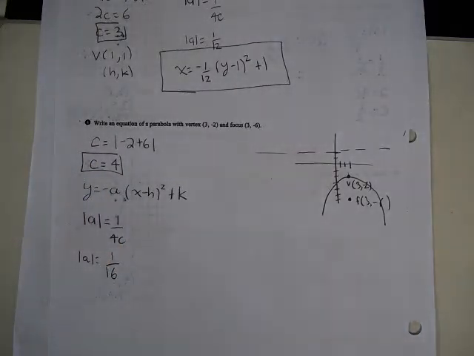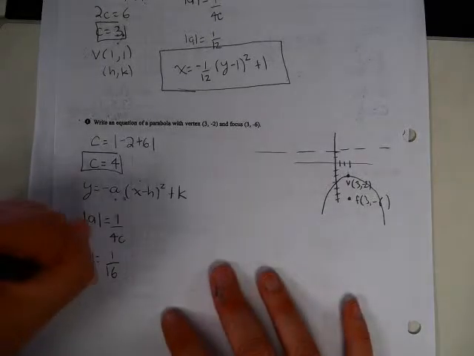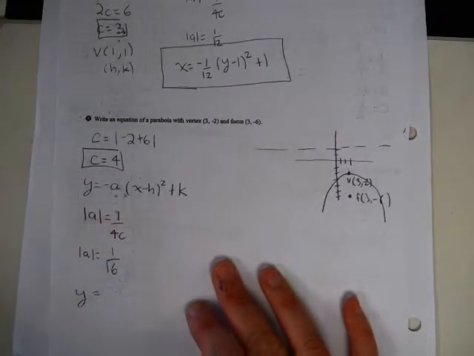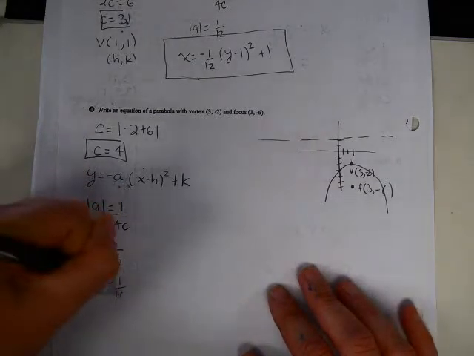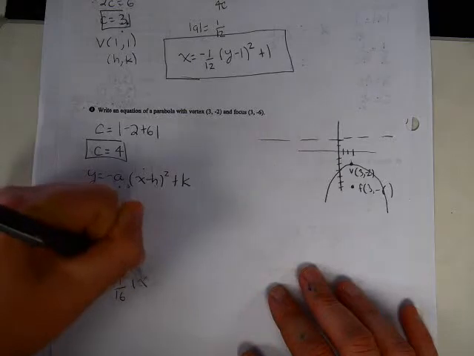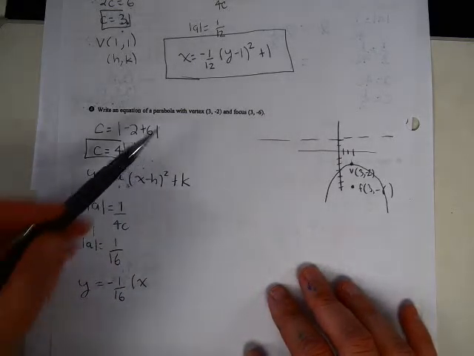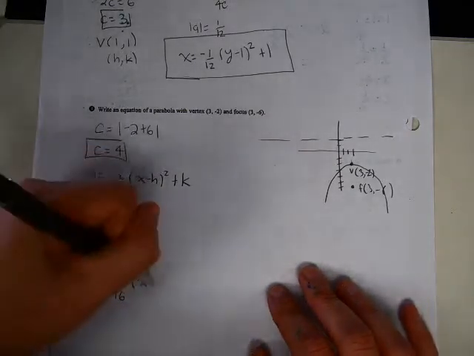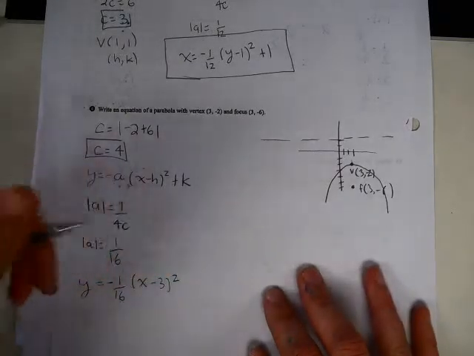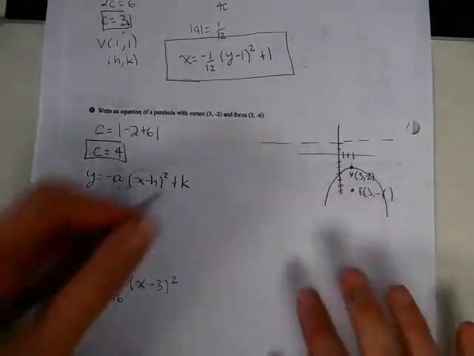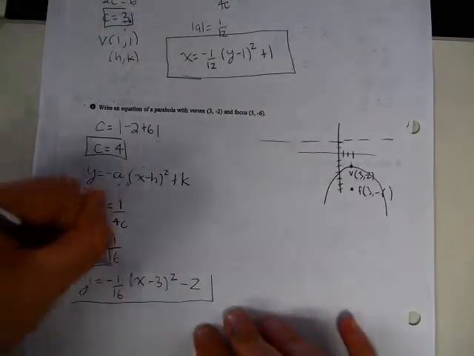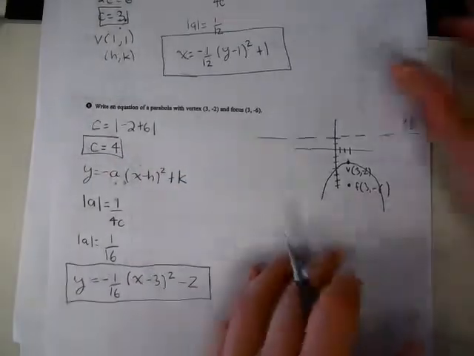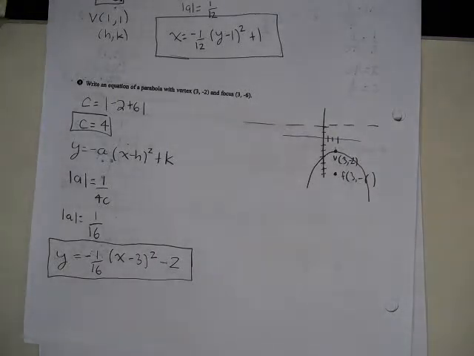Now I have my a, I can just plug in. y equals negative a, negative 1 over 16, x, and remember h is the x coordinate of my vertex, x minus 3 squared minus 2. And I believe, yes, this completes the notes for lesson 10-2.